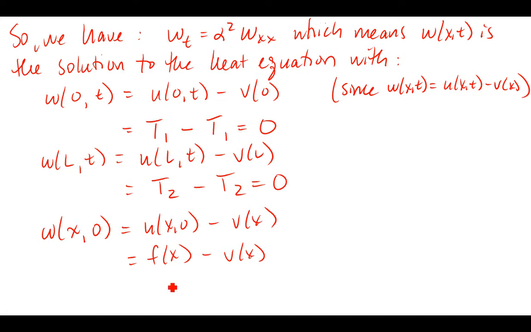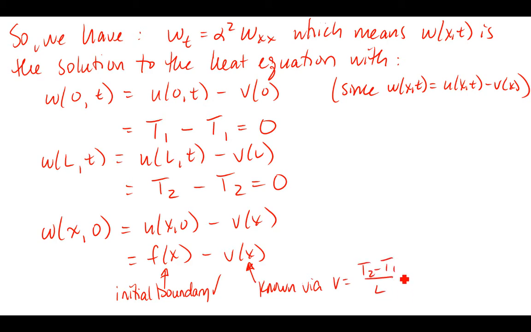All right, so this is known. This is the original initial boundary, so you have that. We know this one too, via the formula that we just came up with: T2 minus T1 over Lx plus T1, I think.